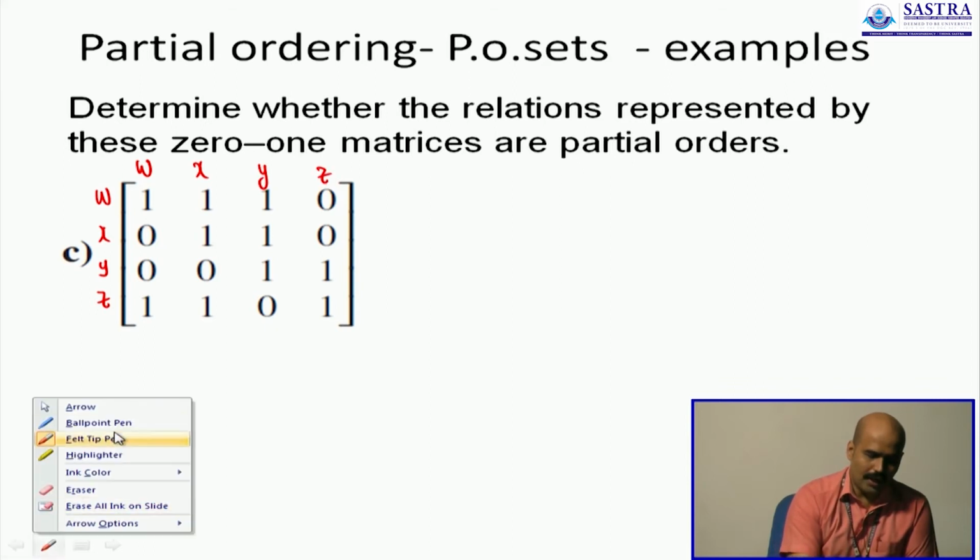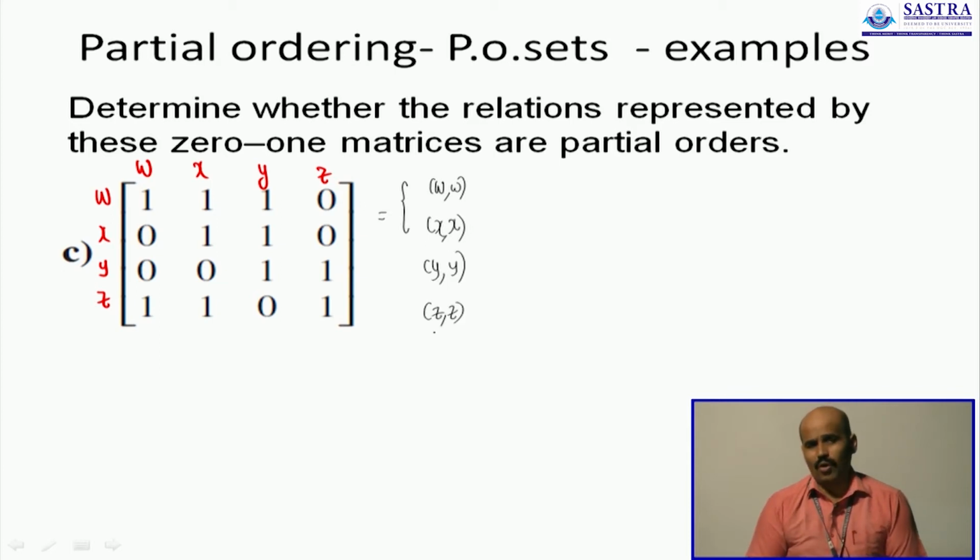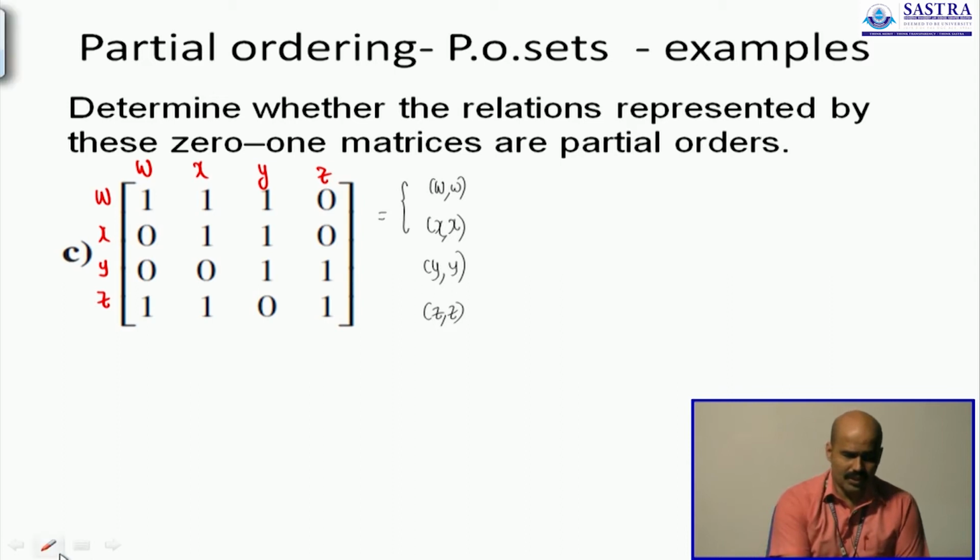So when you start writing down the ordered pairs, you will find these pairs. You have W, W, you have X, X, you have Y, Y, you also have Z, Z. Now since this is true for all 4 elements present in the set, you can conclude that it is reflexive.